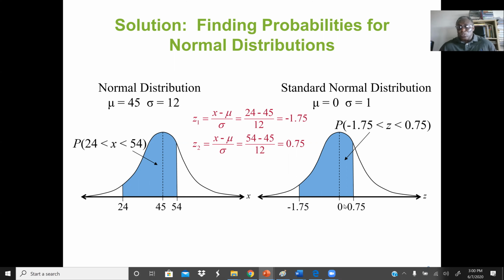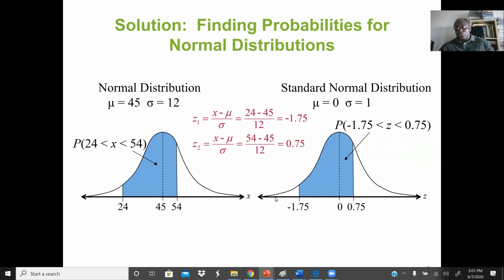When we plot this, we see that this is a standard normal form now. The mean is 0. To the right will be positive values, to the left will be negative values. Since I have negative 1.75, we plot it, and then 0.75, we plot it. These are the z-values. So we find the p-value for negative 1.75, and whatever we get in the table is the final answer, because it is from the left to negative 1.75.